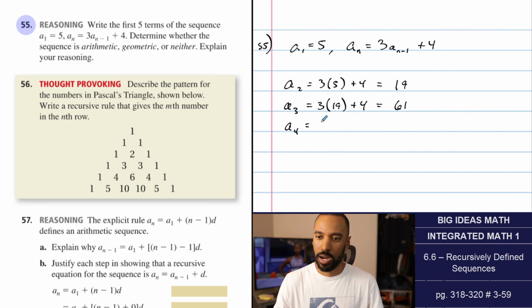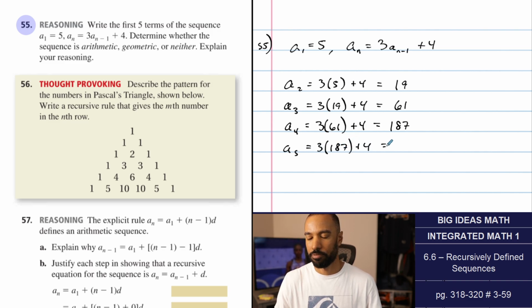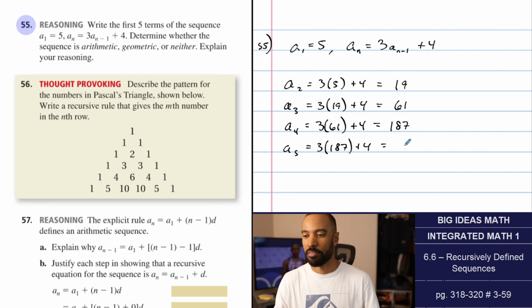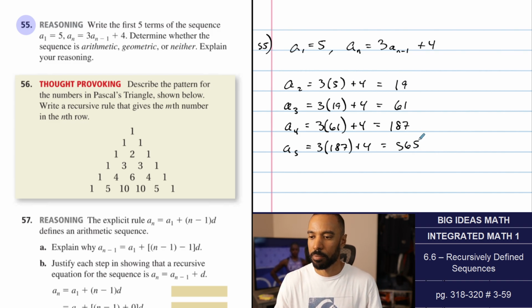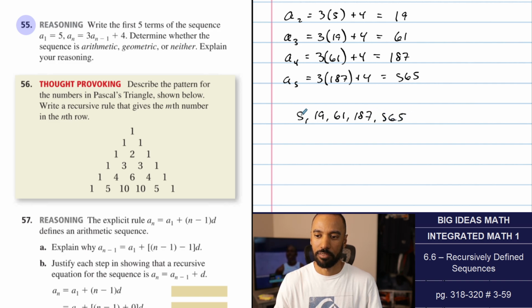A sub 4 is 3 times 61 plus 4. 3 times 61 is 183 plus 4 is 187. And A sub 5 is 3 times 187 plus 4. That's 561 plus 4 is 565. So your sequence is 5, 19, 61, 187, 565, like so.